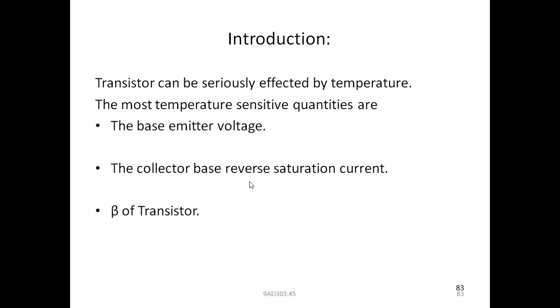So these three will be mostly affected. Whenever these values change, the operating point will change. When the operating point changes, the transistor will not give faithful amplification. The output is unstable. Therefore, this is not a good sign.